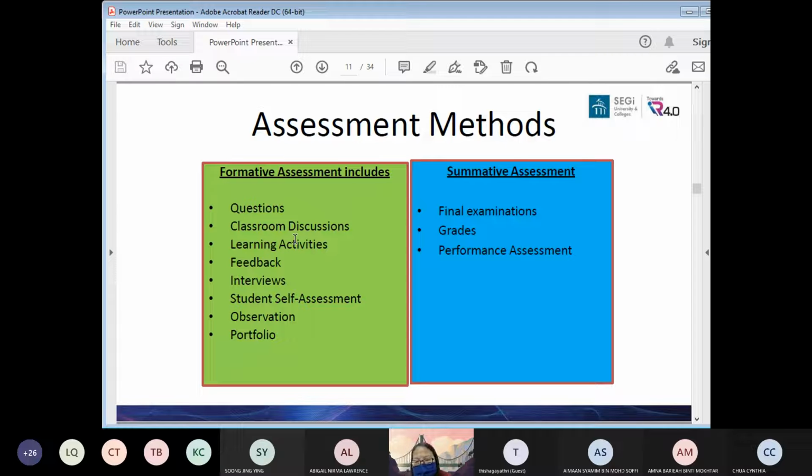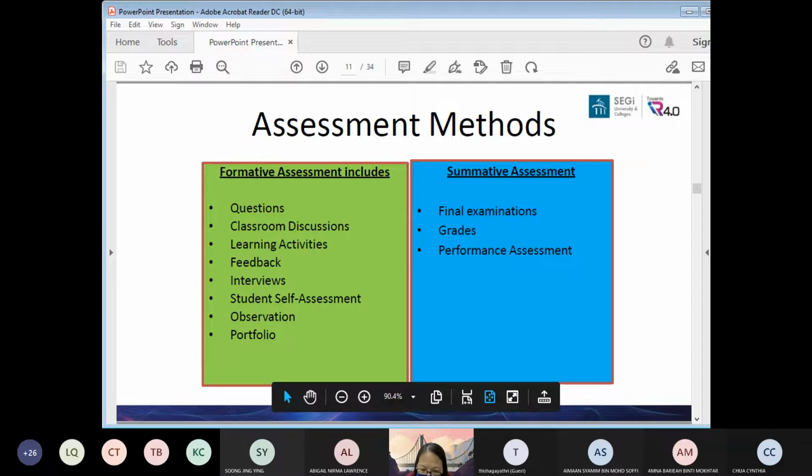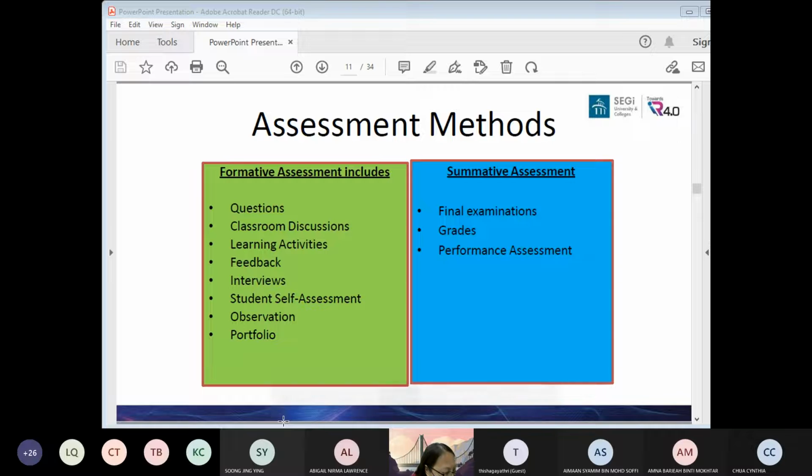Summative assessment, final examinations. As I told you, what is the exam that you do that is summative? Tell me, someone. Final exam. Yeah, your final exam or your end of the semester exam. Every end of the semester, you get exams.